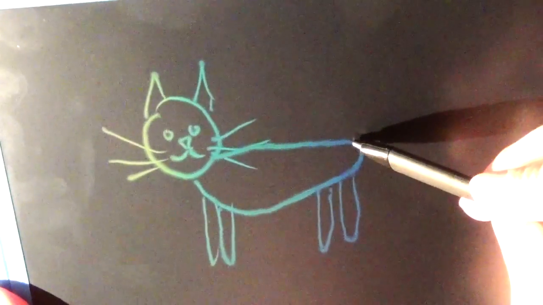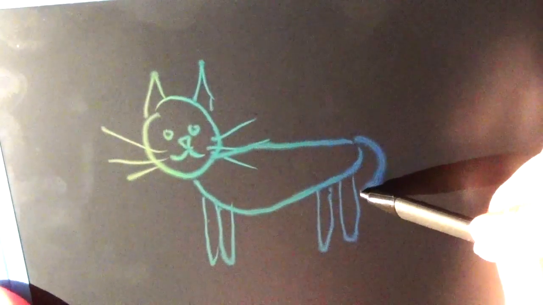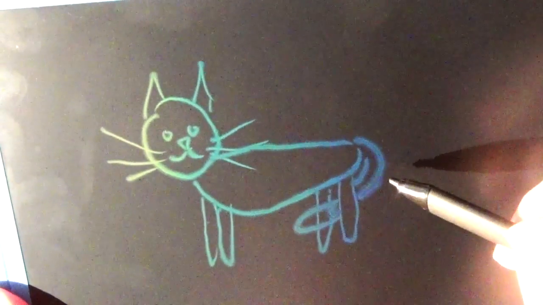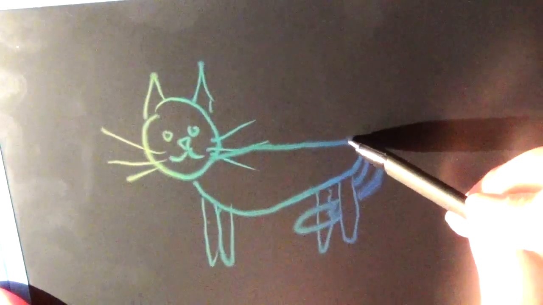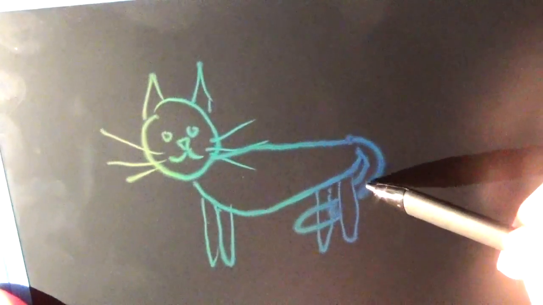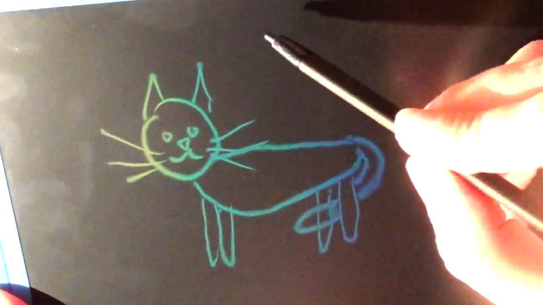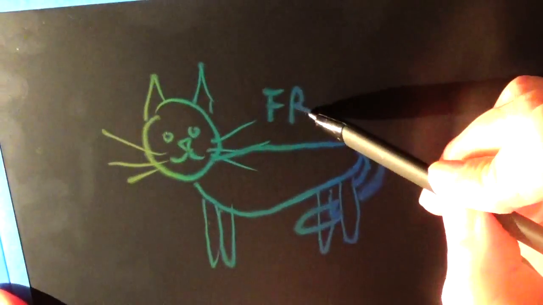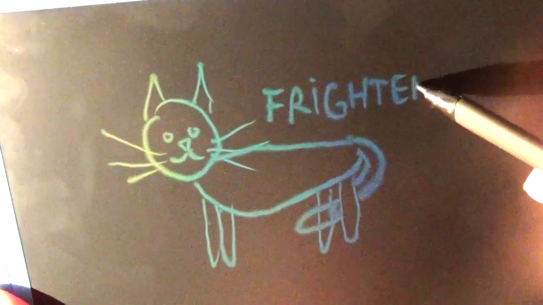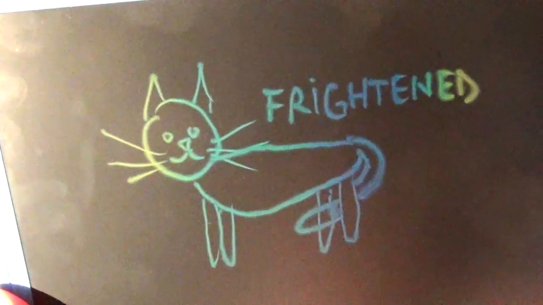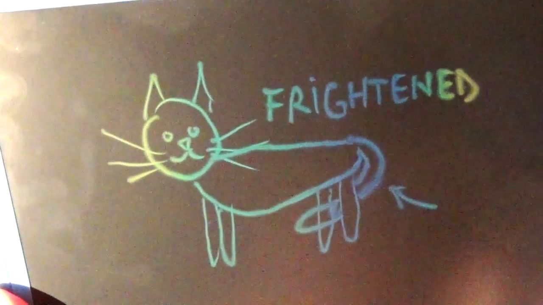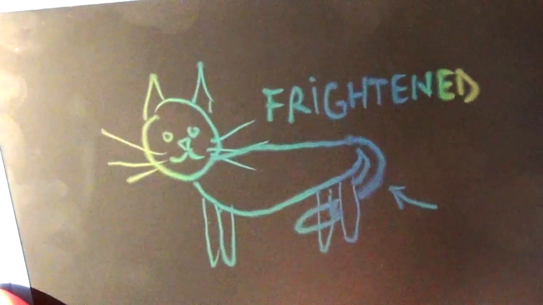But the tail is low and it is like this, tucked under the rear. When you see a behavior like this in the cat, it means that the cat is frightened. So the tail indicates fear. It is a form of defense of her body.